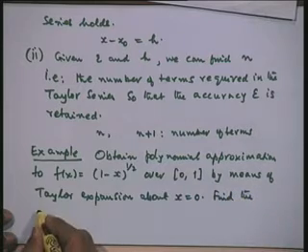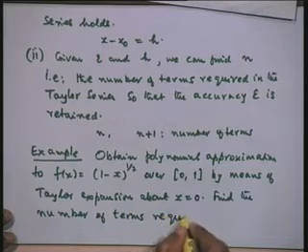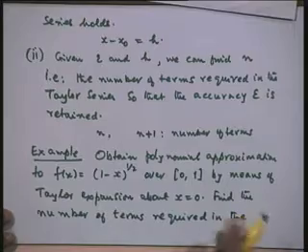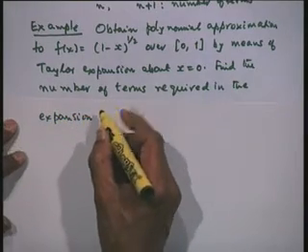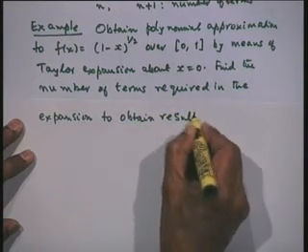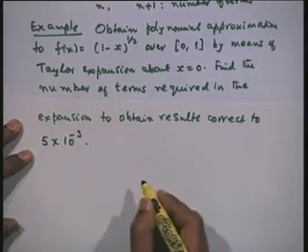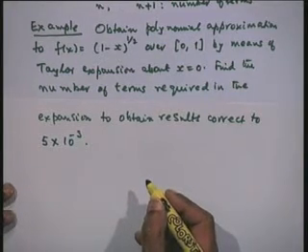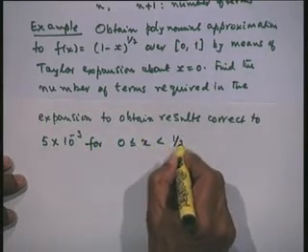Find the number of terms required in the expansion to obtain results correct to 5 into 10 to the power of minus 3, for 0 less than or equal to x less than or equal to half.